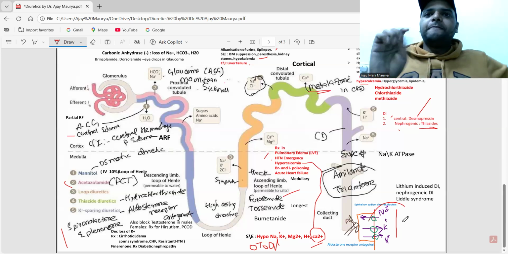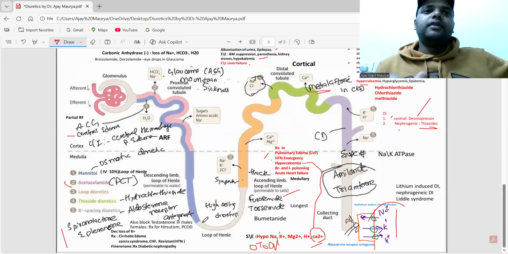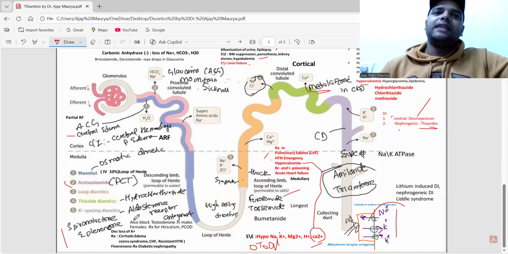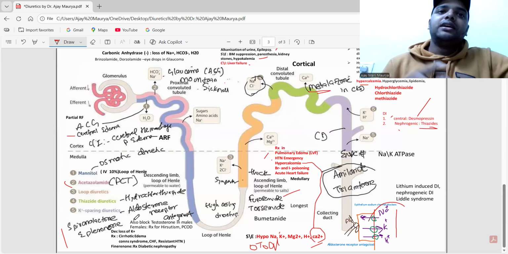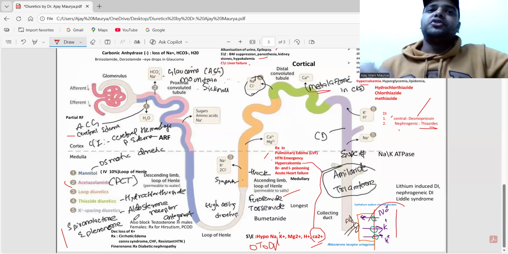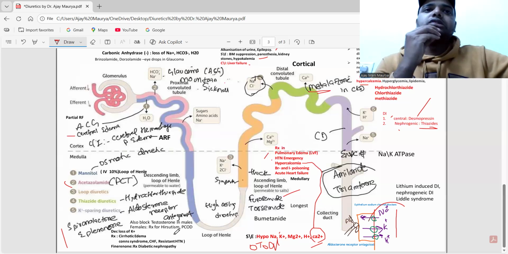See here, one thing you have to remember: potassium sparing diuretics also block the testosterone. In males, it causes gynecomastia, and in females, it is used for PCOS, as you know that in PCOS there is hirsutism.